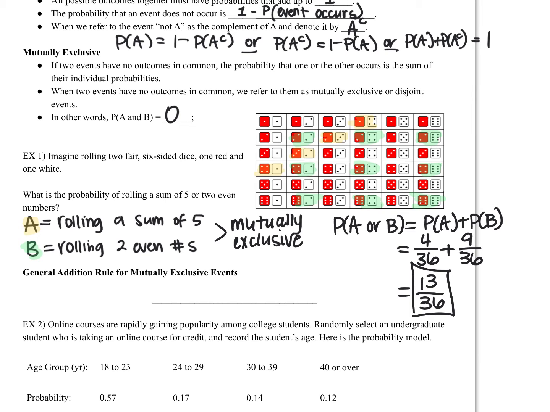So that leads us to our general addition rule for mutually exclusive events. The probability of A or B happening is the probability of A plus the probability of B.